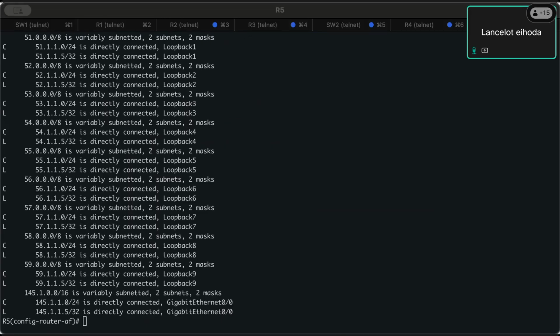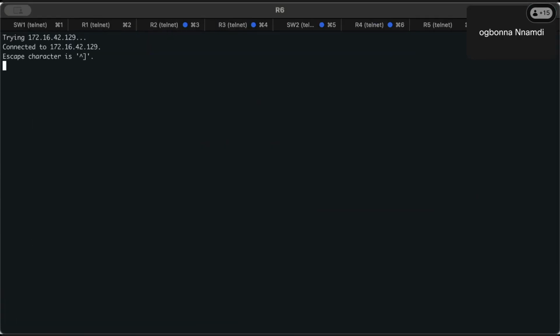Our next task says we should configure router 6 in EIGRP AS 200. So we are going to do the same named mode of EIGRP.